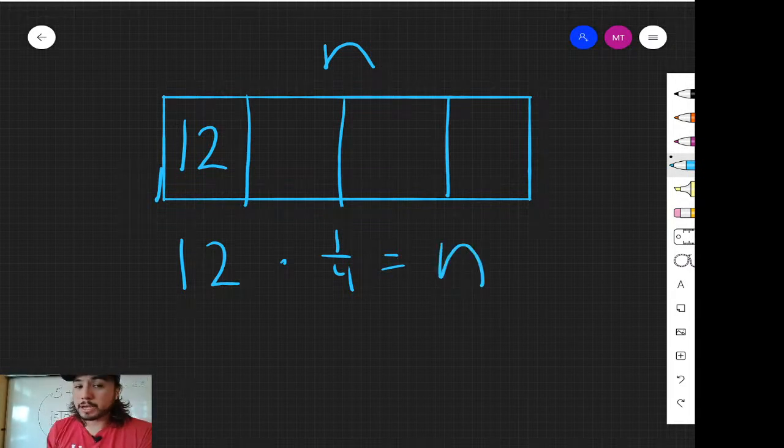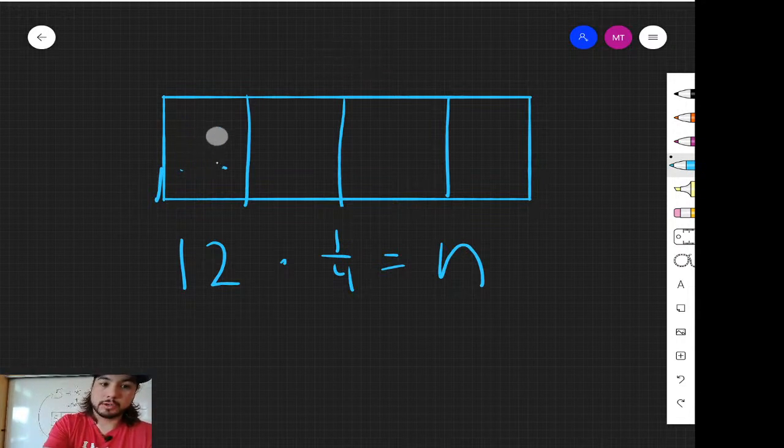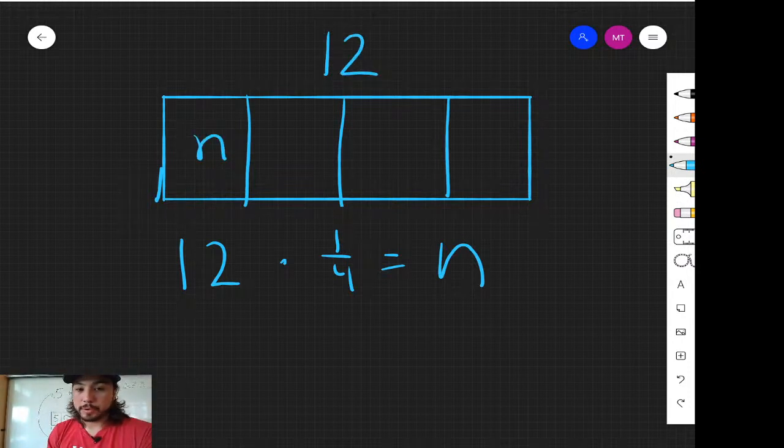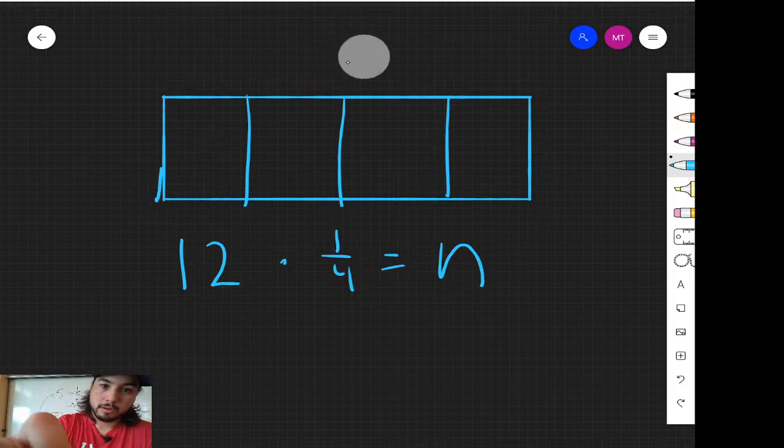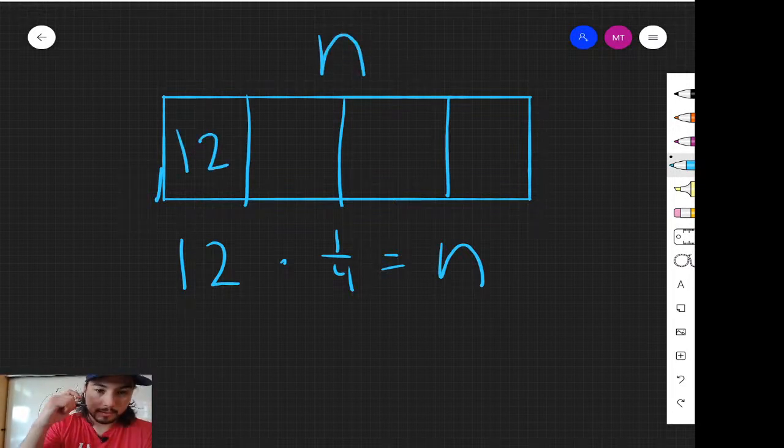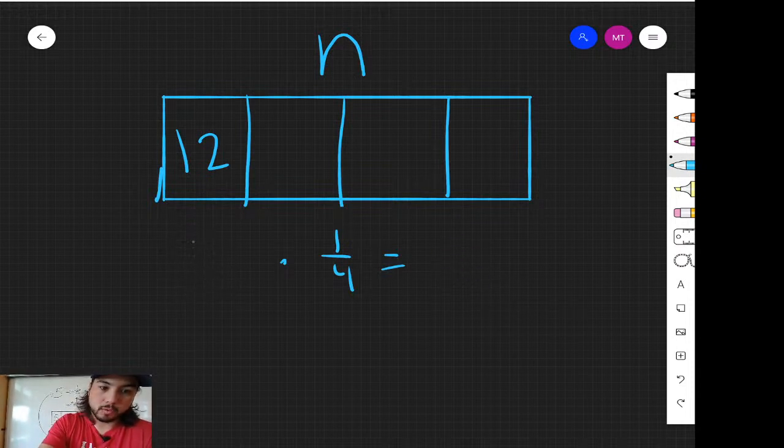Okay. 12 times 1/4 equals n would look like this. You're taking 12 and multiplying it by 1/4, and you want to know how much 1/4 of 12 is. That would be 12 times 1/4. But our n is the whole thing in this case, which is why we would need n times 1/4 equals 12.